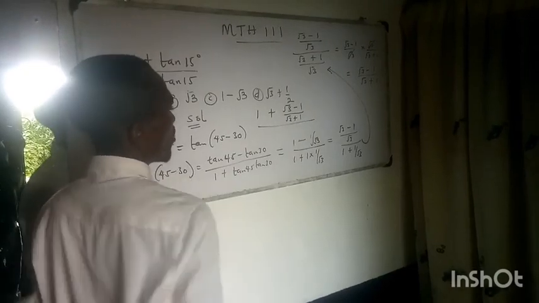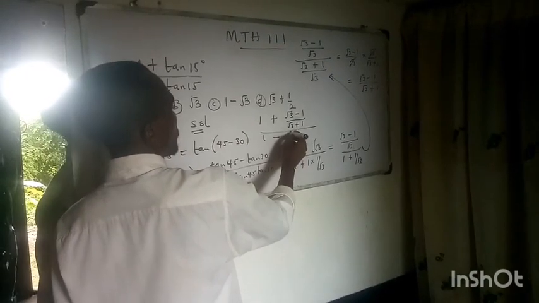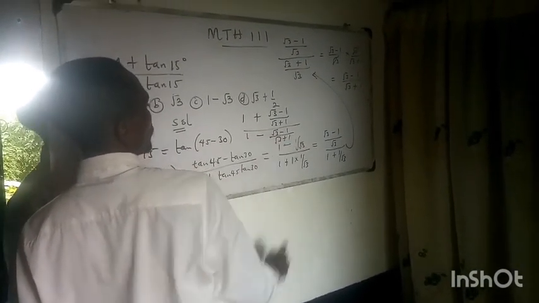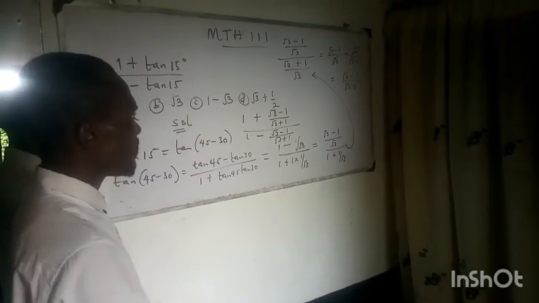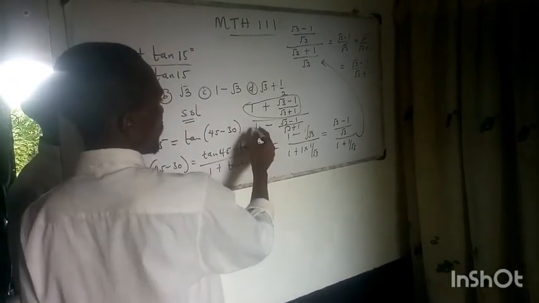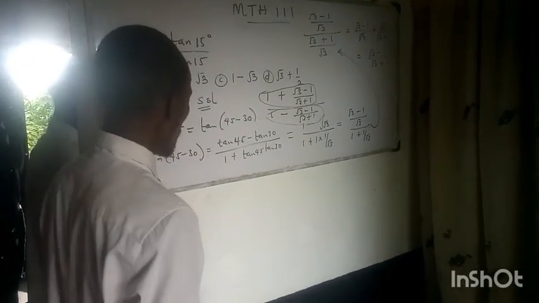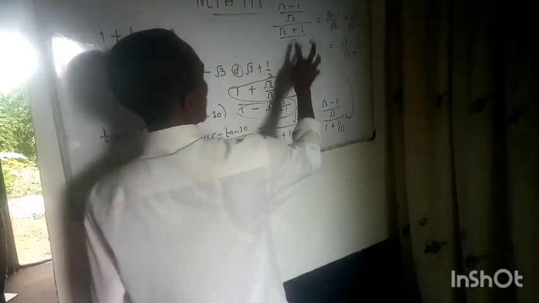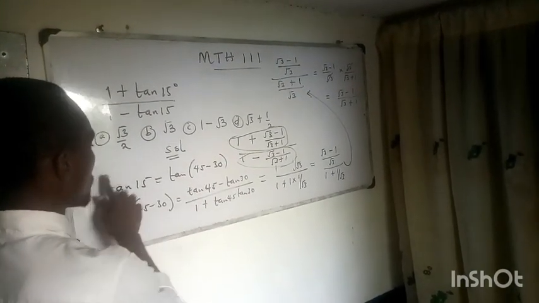And then you have over 1 minus, as you have here, your root 3 minus this over root 3 plus this. So how do we go about this? We can simplify these parts. We can also simplify this part. Now, to simplify this, we can, okay, let me see.